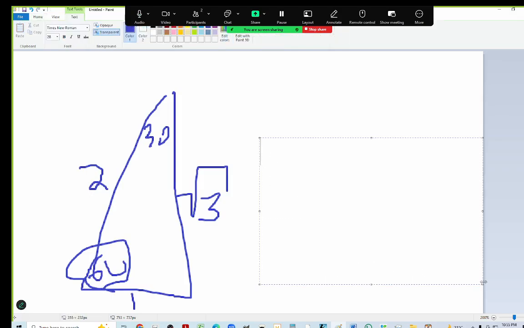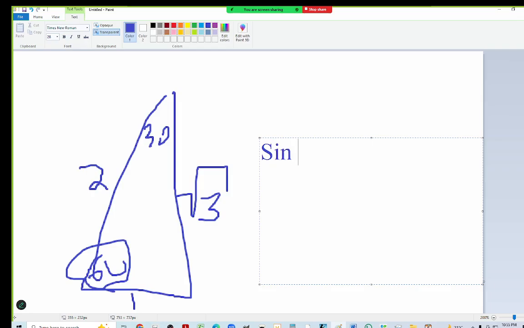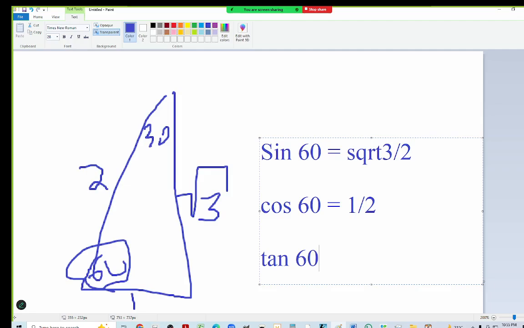Sine of 60 is going to be the opposite, square root of 3, over hypotenuse, 2. Cosine of 60 is going to be the adjacent, 1, over 2. The tan of 60 is going to be the opposite, square root of 3, over adjacent, 1, or just square root of 3.